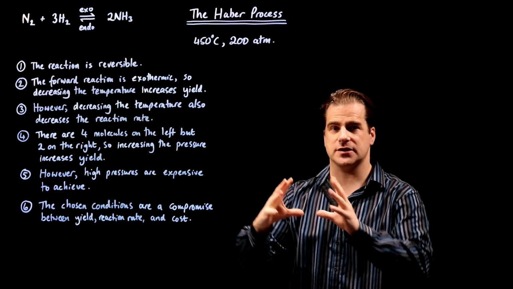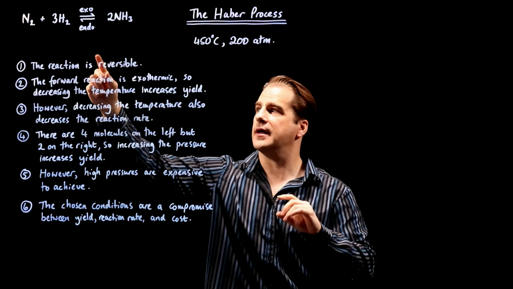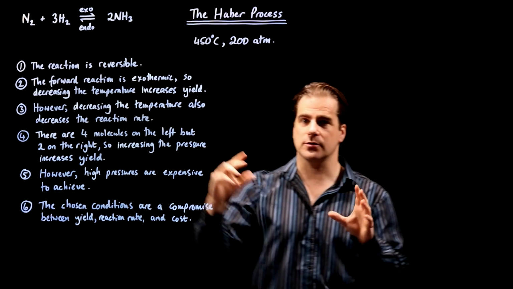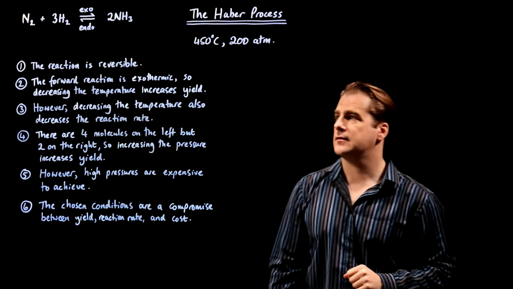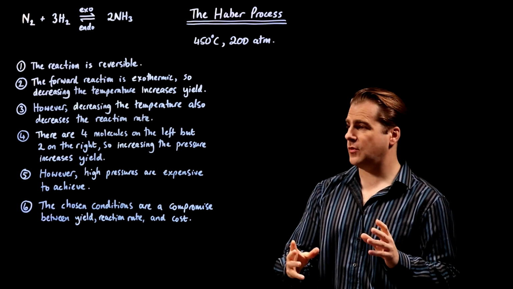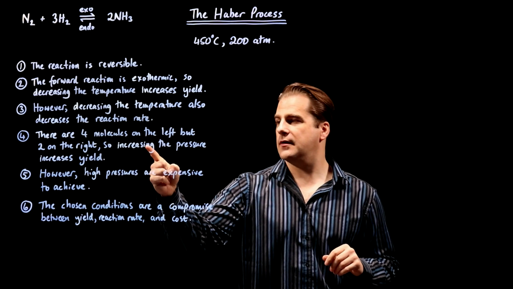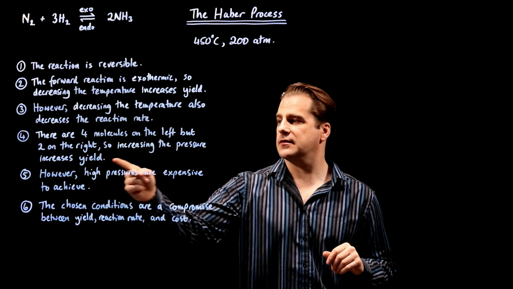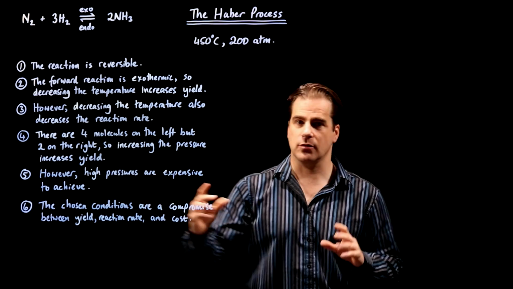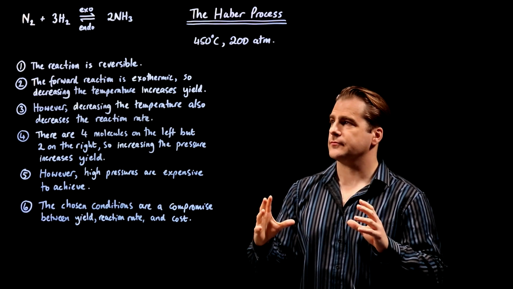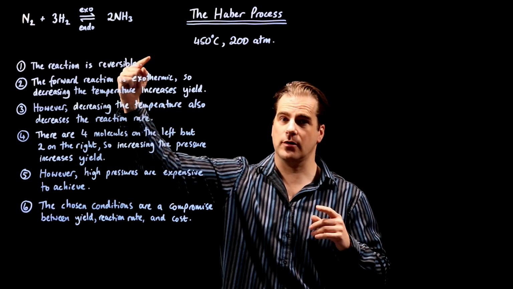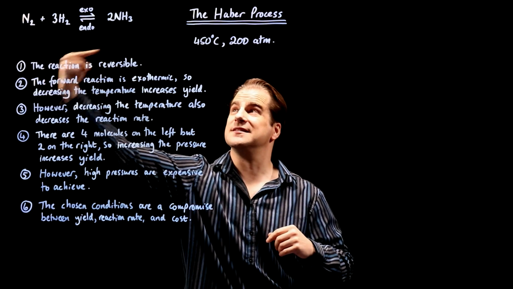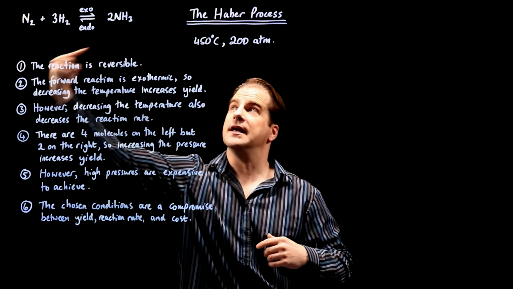And decreasing the pressure means going in the fewer molecules direction. And there are fewer molecules on this side than there are on that side. So that's why if you increase the pressure, the yield will also increase, because if we try and increase the pressure, it will move to the fewer molecules direction, which is this side. So increasing the pressure increases yield.